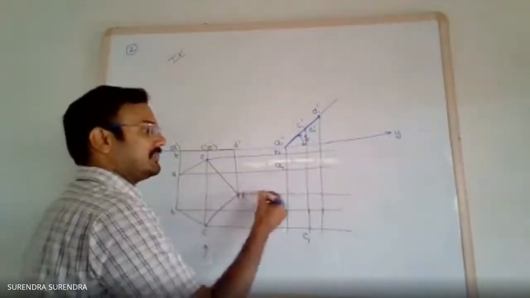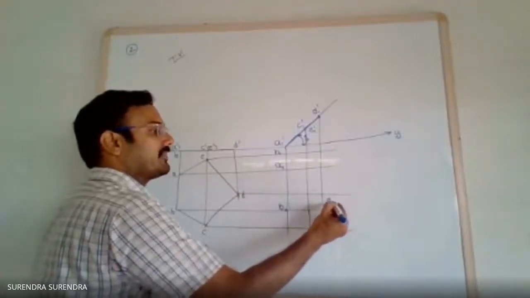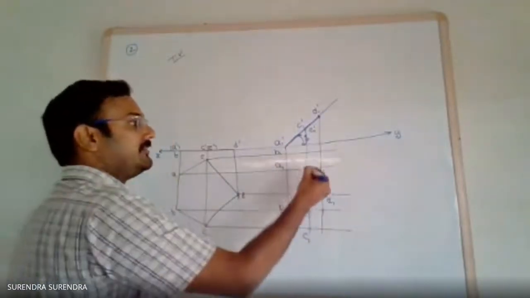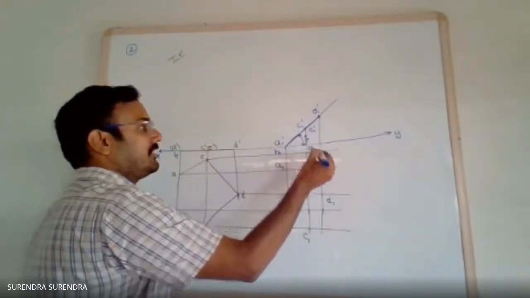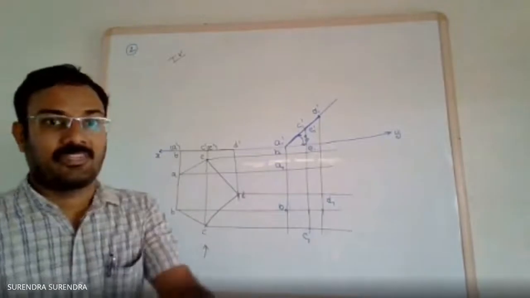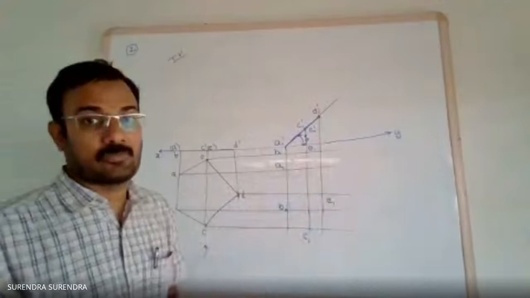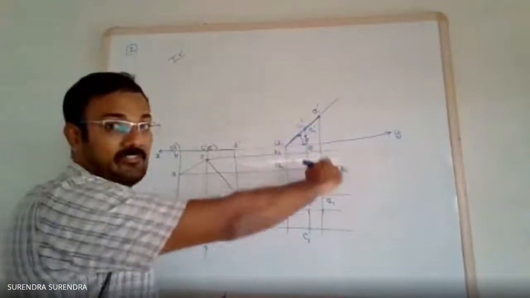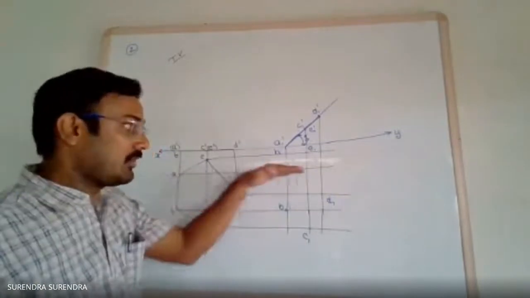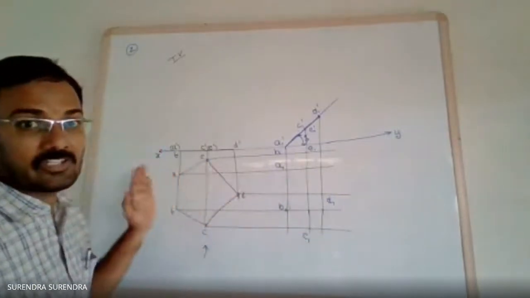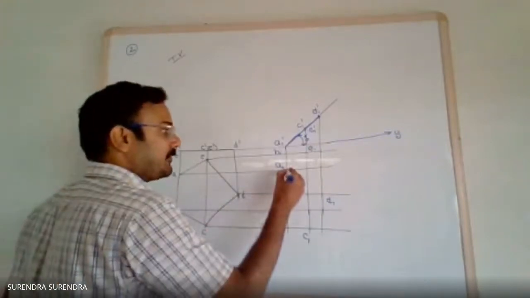Projection from D1 dash and locus from D, D1. Similarly E1. So A1, B1, C1, D1, E1: mark the respective intersection points. Now join these respective points.